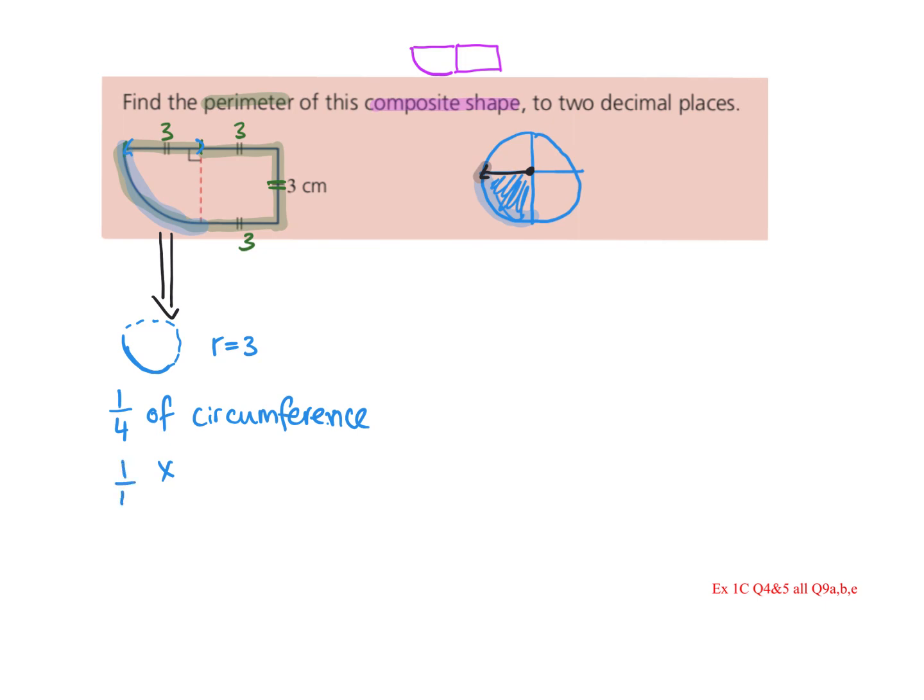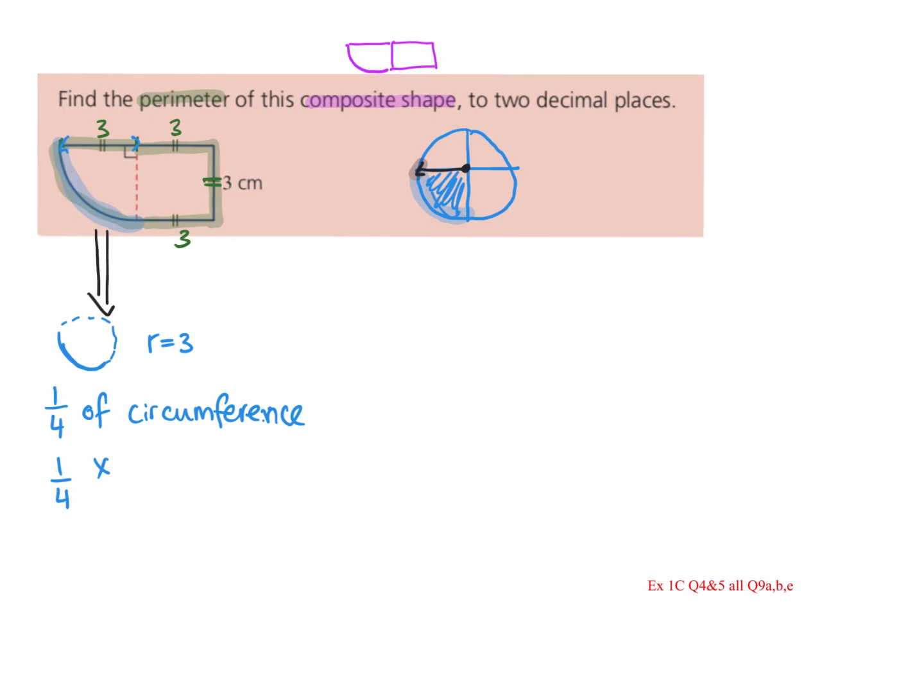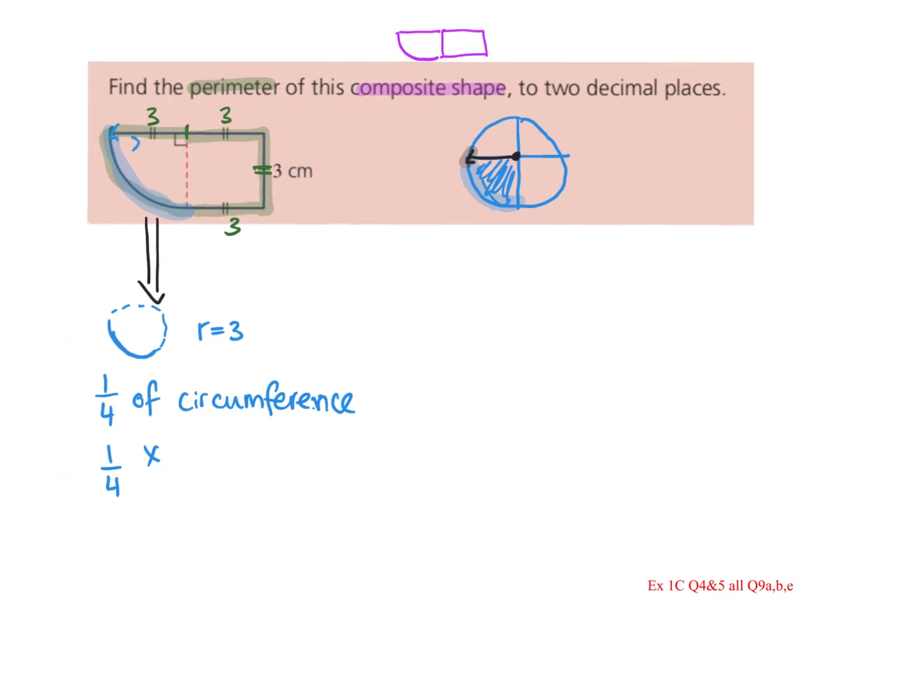So I'm going to do a quarter times the circumference, which I know is 2 times pi times r. That's the formula for circumference. So I'm going to do a quarter times 2 times the pi button, and you've already told me that the radius is 3. So we'll do that on our calculator and we'll find out what this blue bit is.